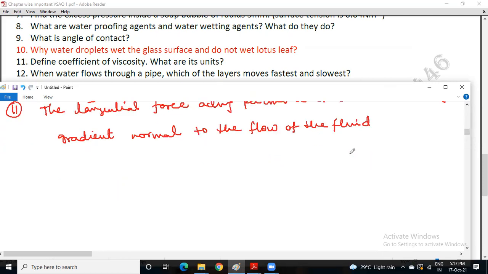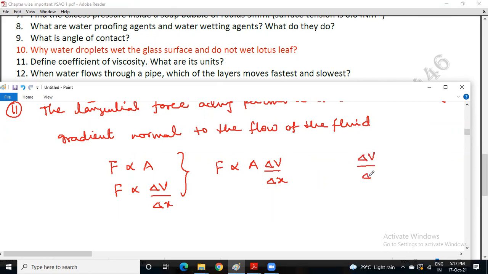So how to understand this is, viscous force is proportional to area, viscous force is proportional to velocity gradient. If you combine these two, you will get viscous force proportional to area into delta V by delta X. So what is delta V by delta X? It is velocity gradient.